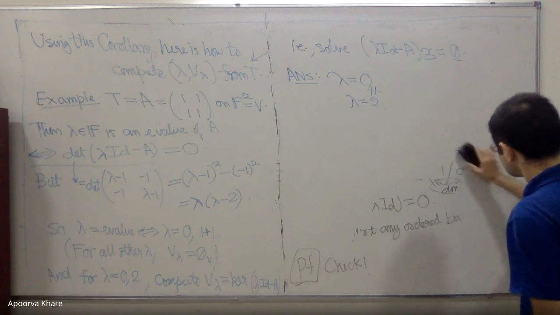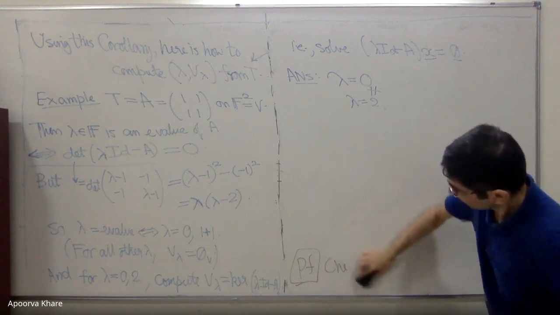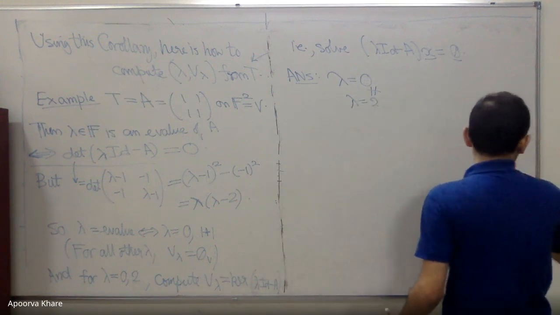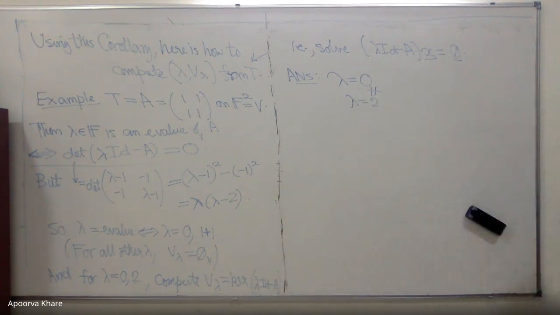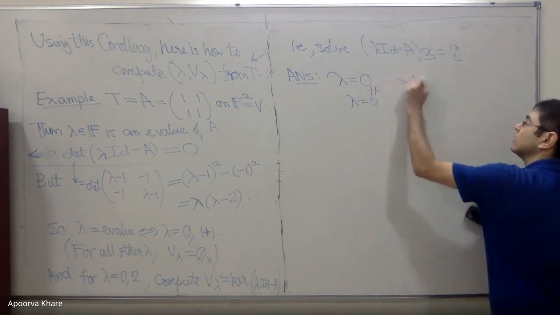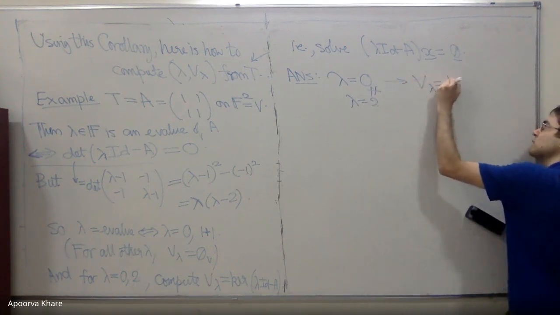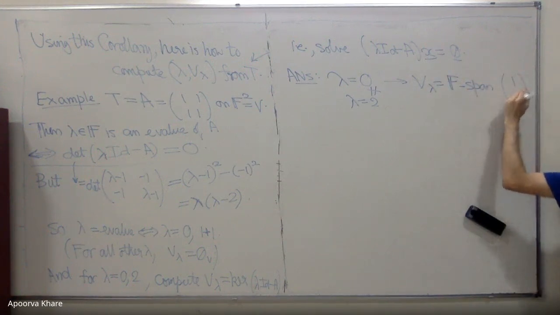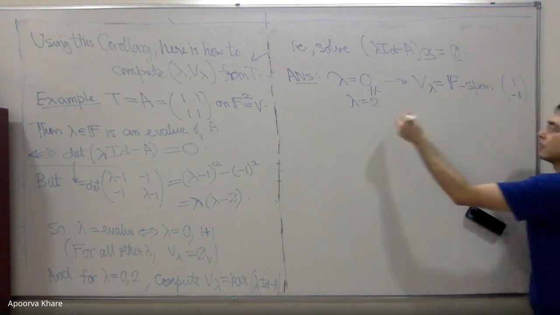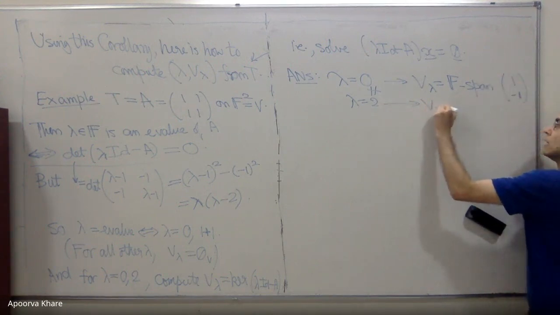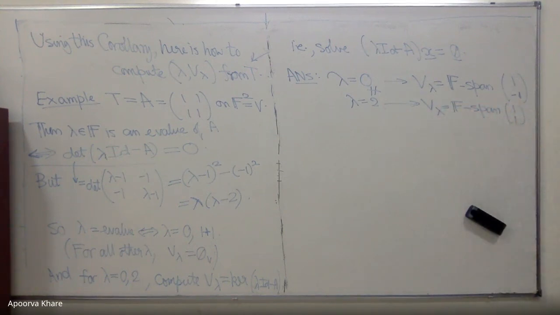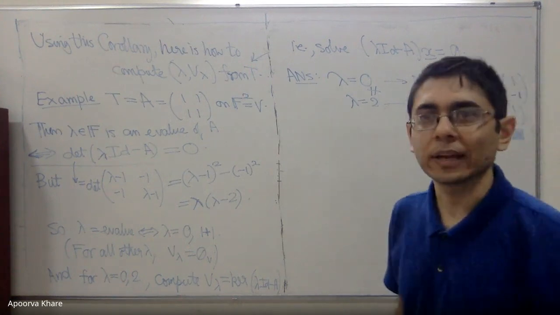Then what you get is that V lambda is the F span of (1, minus 1), or you could say (minus 1, 1) if you multiply by a scalar, that's the same thing. For lambda equals 2, V lambda is the F span of (1, 1). That's the answer. So that's how you compute eigenvalues and eigenvectors.